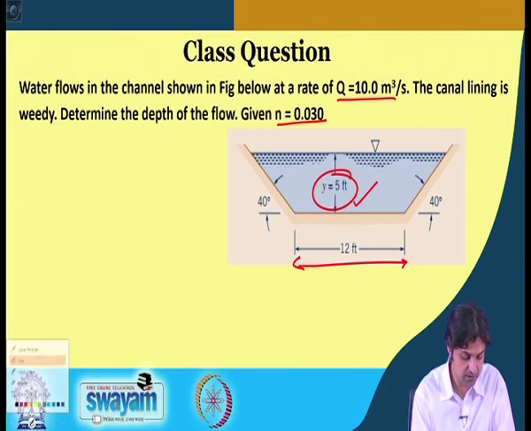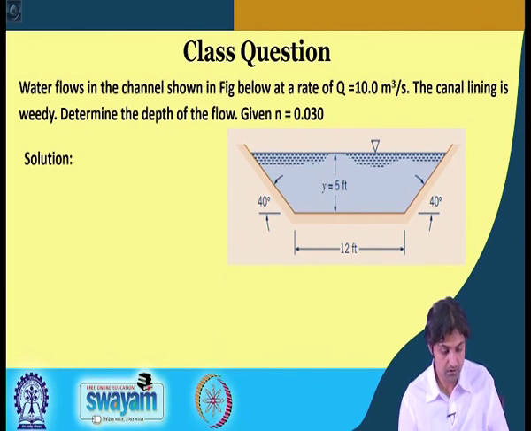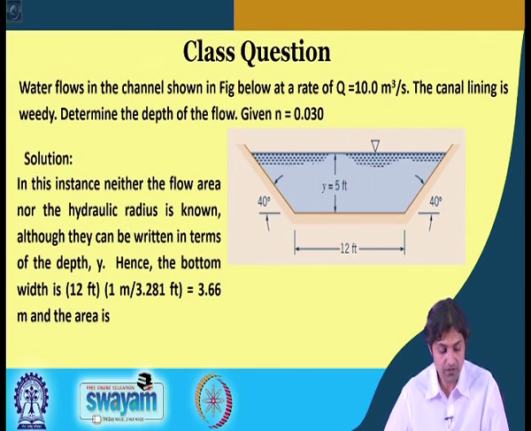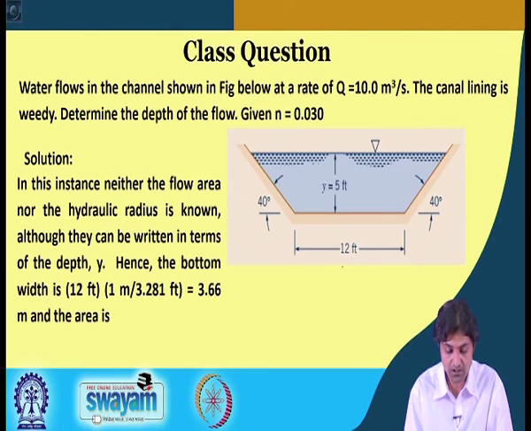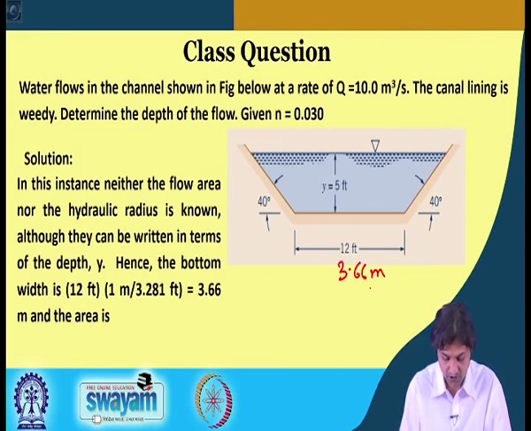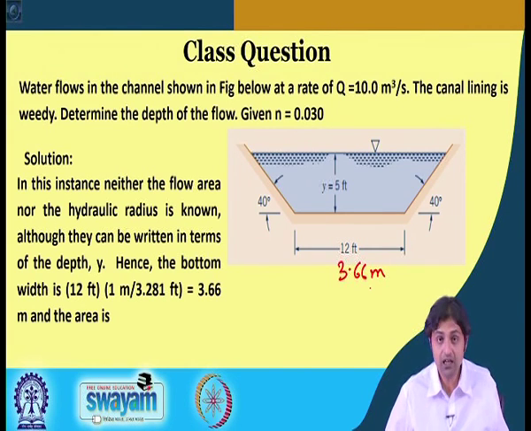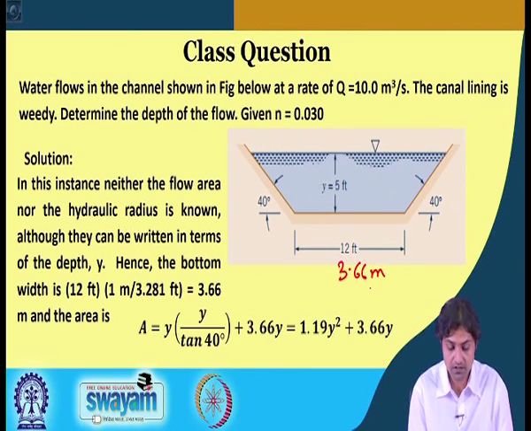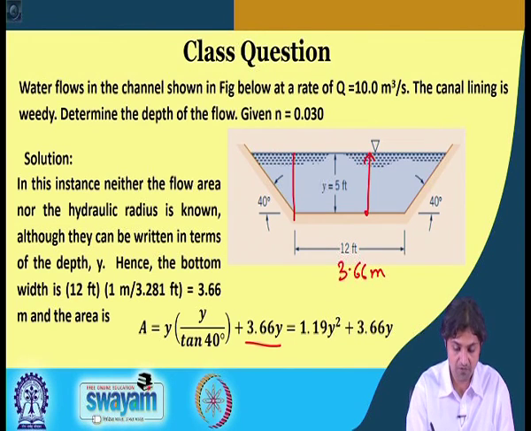So, how to attack this problem? Very simple to do. In this instance neither the flow area nor the hydraulic radius is known, although they can be written in terms of depth y. Hence, in terms of meters, the bottom width is 3.66 meters, and the area can be written as 3.66 into y plus half base into height plus half base into height.